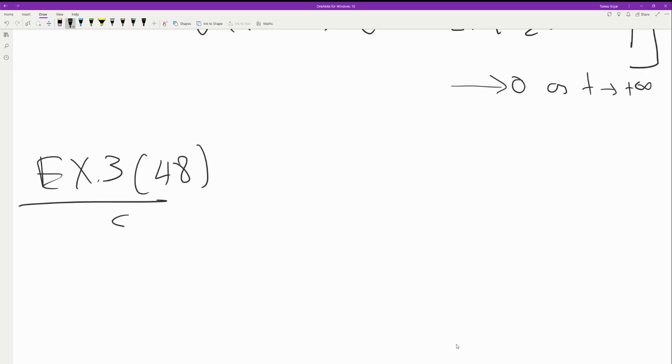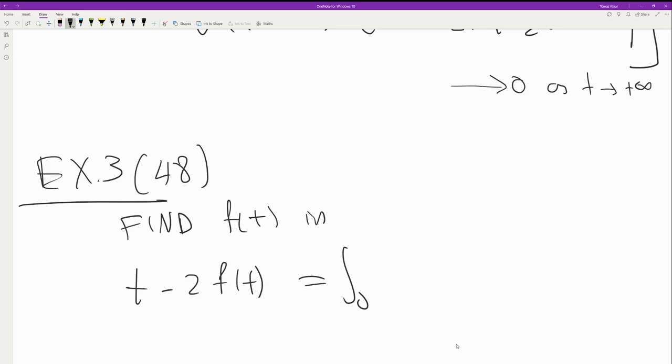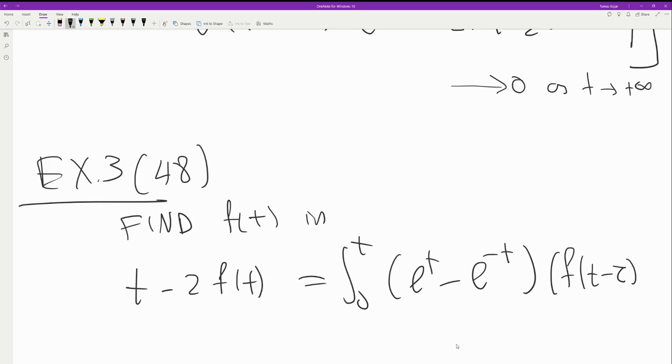They ask you to solve, find f(t) such that t minus 2 f(t) equals the convolution of these two, d tau.